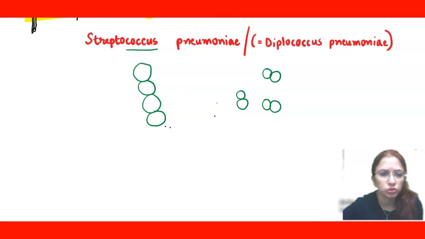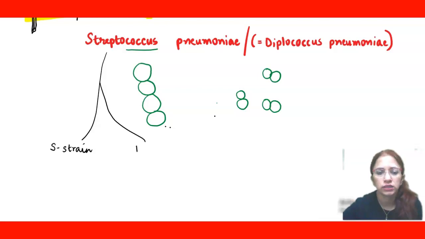There were 2 strains of this bacterium, right? One was the S strain and another was the R strain. Now here you must be wondering, what is S and R? So in biology, whenever we abbreviate, every term has a meaning.